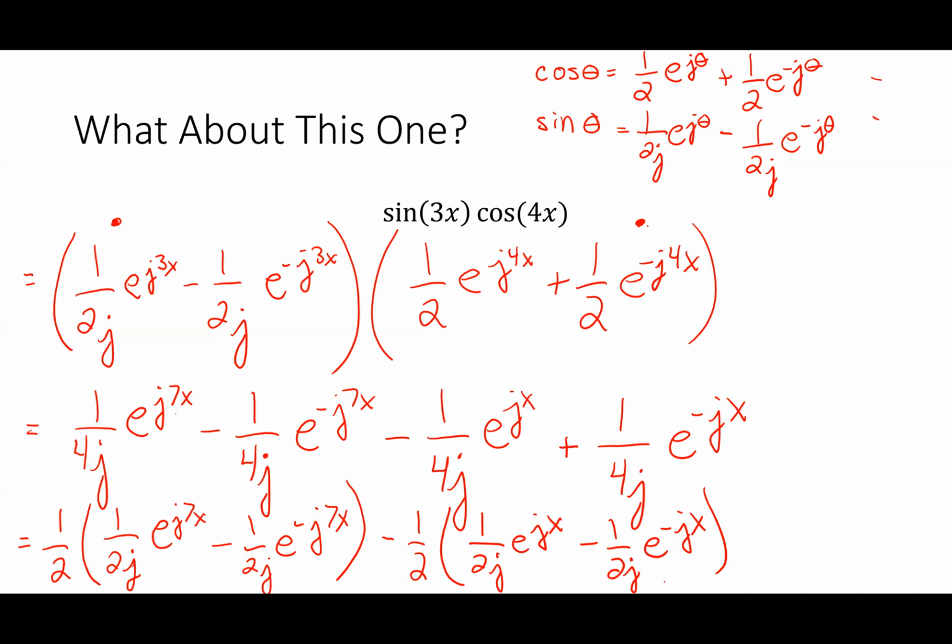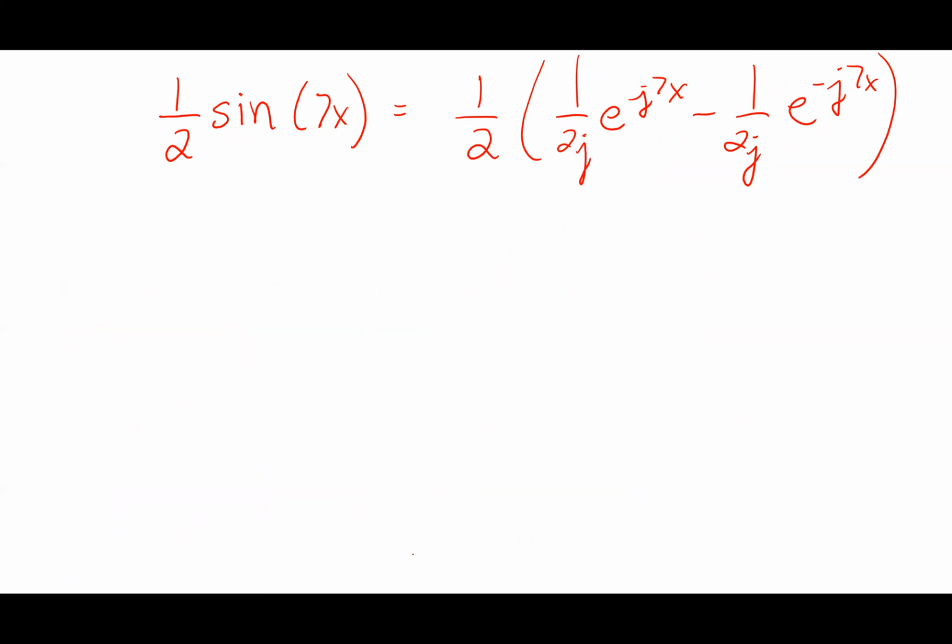It's the kind of thing you look at by inspection and see that it fits one of these patterns. What does this become trigonometrically? Minus 1/2 sine of x, because I have that minus 1/2 floating around.